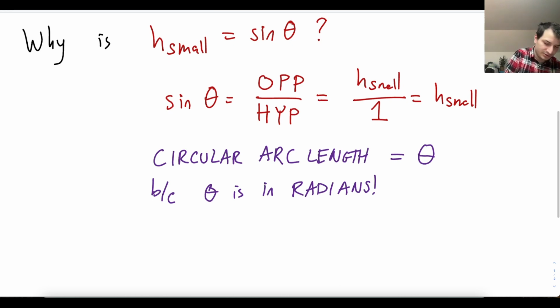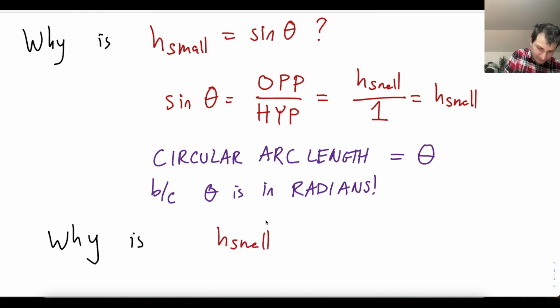Okay, but why is h small less than the circular arc length?